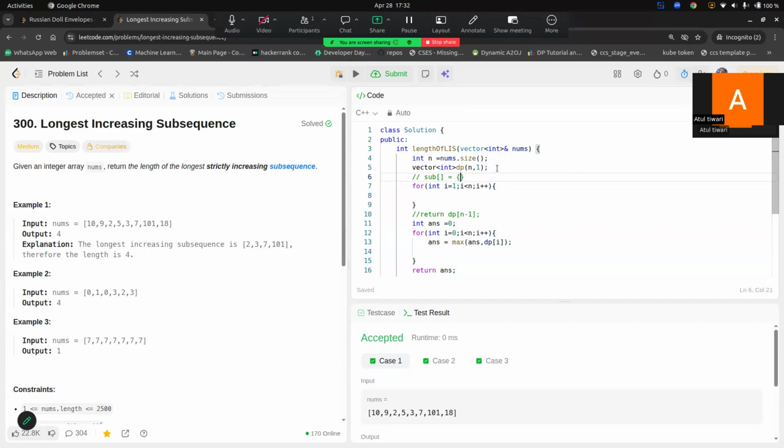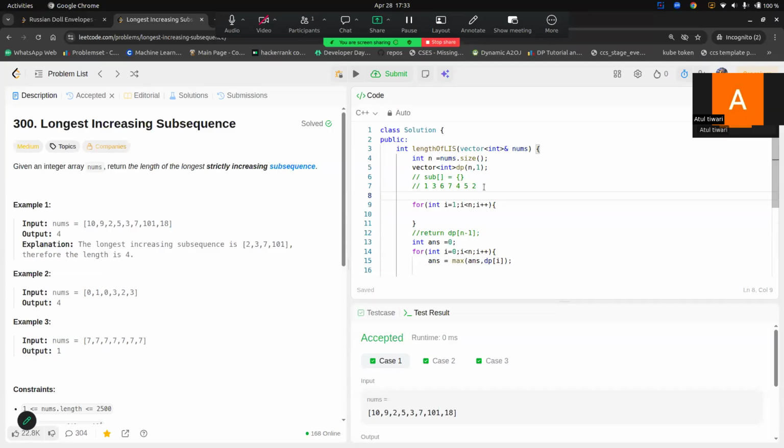I will show you with an example: 1 3 6 7 is increasing, but when you find 4, you stitch 4 here, so 1 3 4. This is the O(n log n) idea.